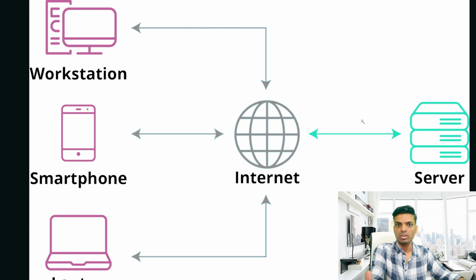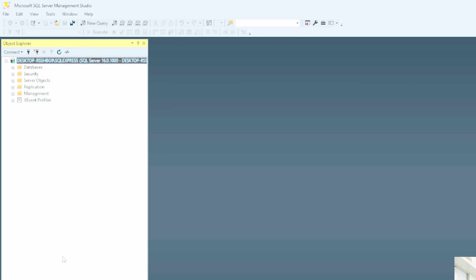Now within the server we have databases like I mentioned earlier. Now I will show you the database. If you see, this is Microsoft Management Studio, one of the software provided by Microsoft itself. We also call it SSMS when you talk about it in a professional environment, which is SQL Server Management Studio.